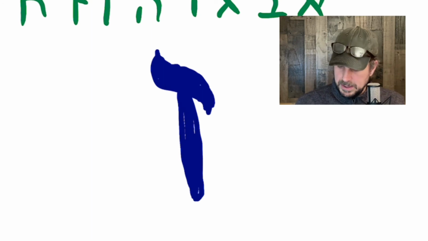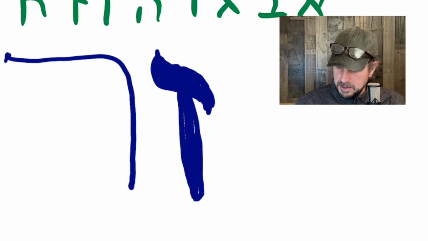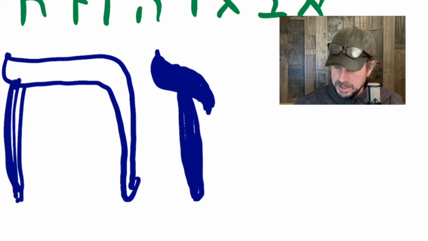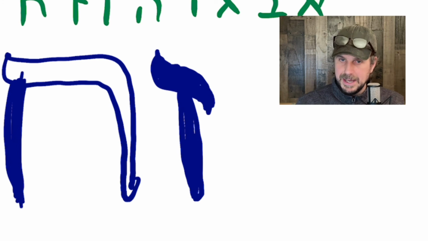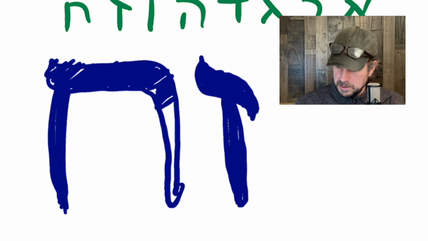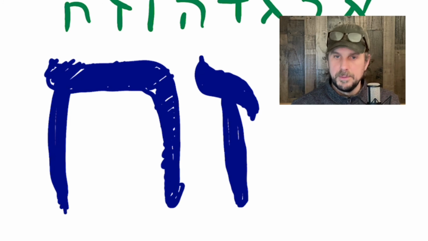Slow way down. And the Chet, do something like this maybe. Kind of start it off like a bet. But remember, we got to get this leg. The right leg goes all the way up, not like a hey. So this is our Zayin and our Chet. And you can color it in with a different color.